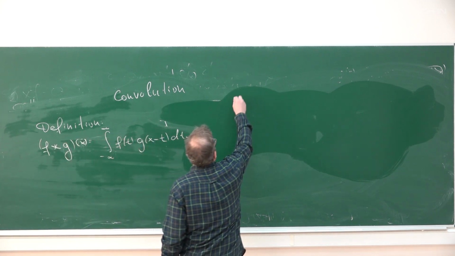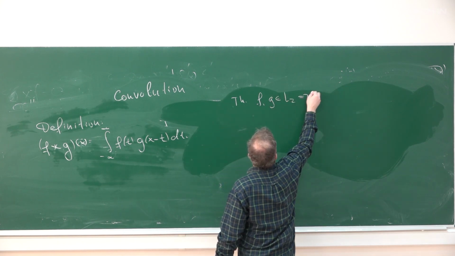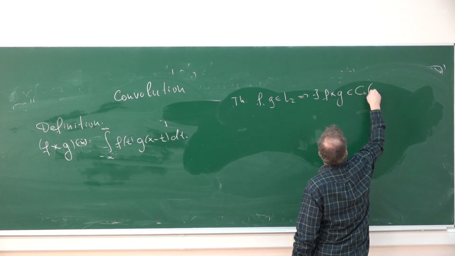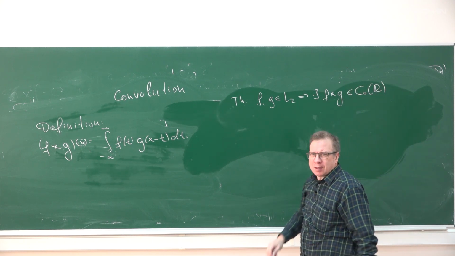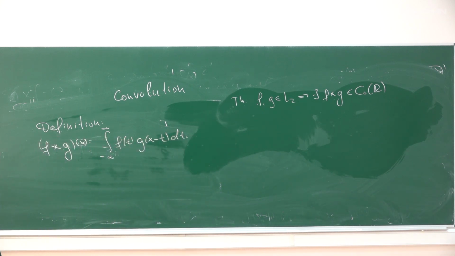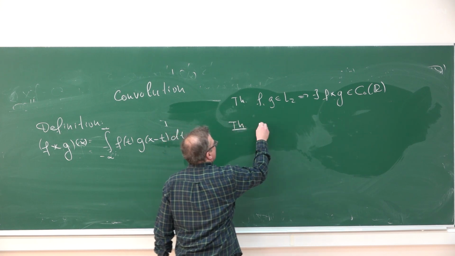Theorem: if f and g belong to L2, then f convolved with g exists, and it is in C. It is not a theorem, it is an exercise. But the theorem is the following, and we'll just prove it.